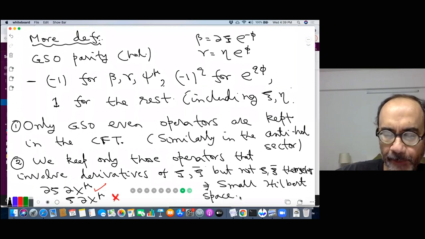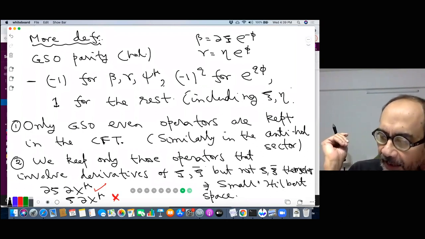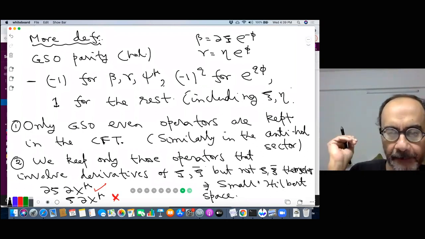Sometimes people work in the large Hilbert space where you also include xi and xi bar, but we will not do that. We'll work in the small Hilbert space, which means that all operators that we will be allowing are those which do not have explicit xi and xi bar.